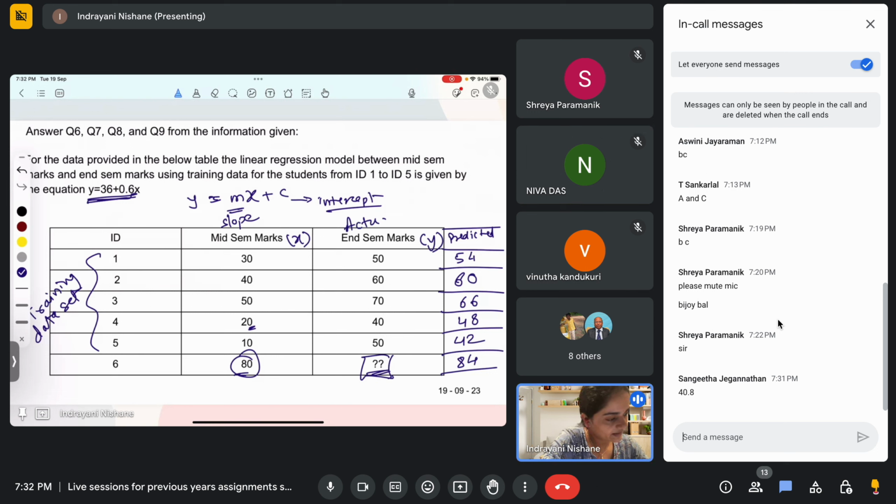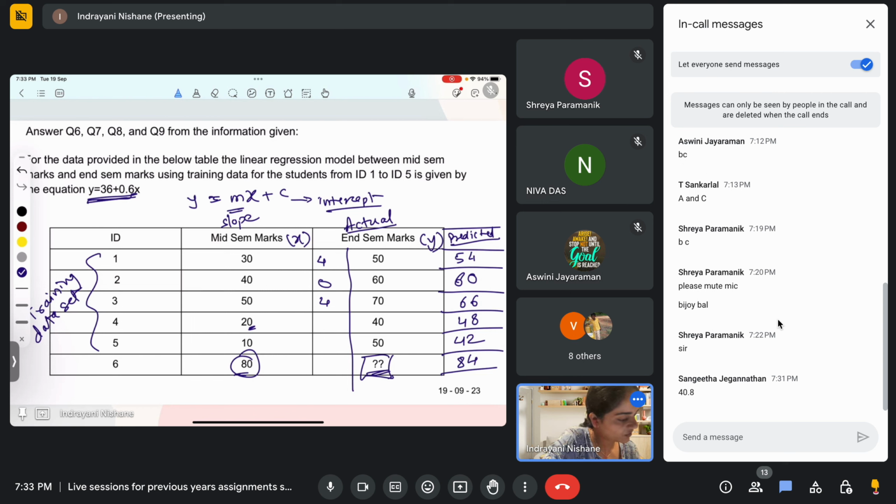These are the actual values, and these are our predicted values. So let us note down their difference here. The difference is 4, the difference here is 0, the difference here is again 4. We will be squaring it, so the sign doesn't matter here. Since it is mean square, we don't care if the difference is positive or negative.